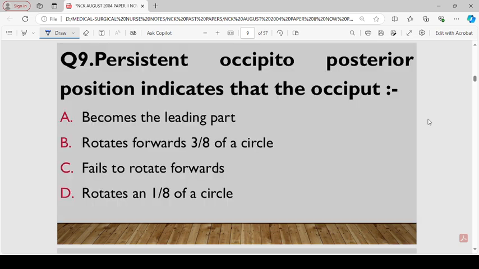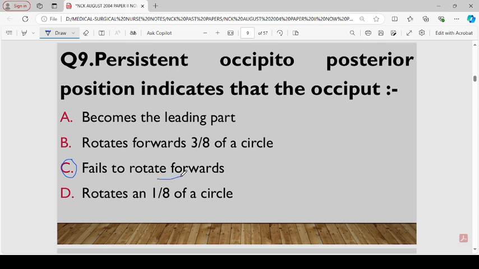Now that takes us to question number 9, where we are saying that persistent occipito-posterior position indicates that the occiput... So when you have persistent occipito-posterior (OPP) position, that indicates what? Yes, the occiput has failed to rotate forward, right?